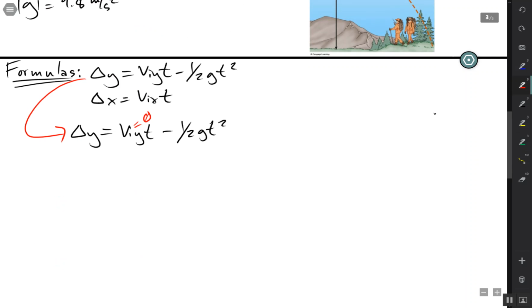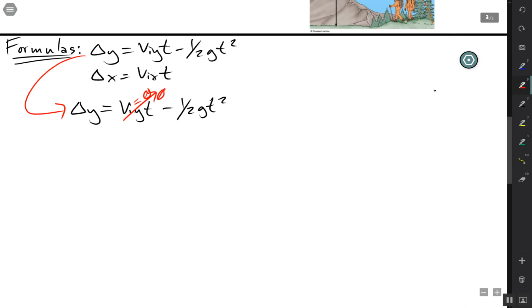So that first term completely goes away. Okay, what are we left with? Wait, we have a negative there. Is that good or is that bad?